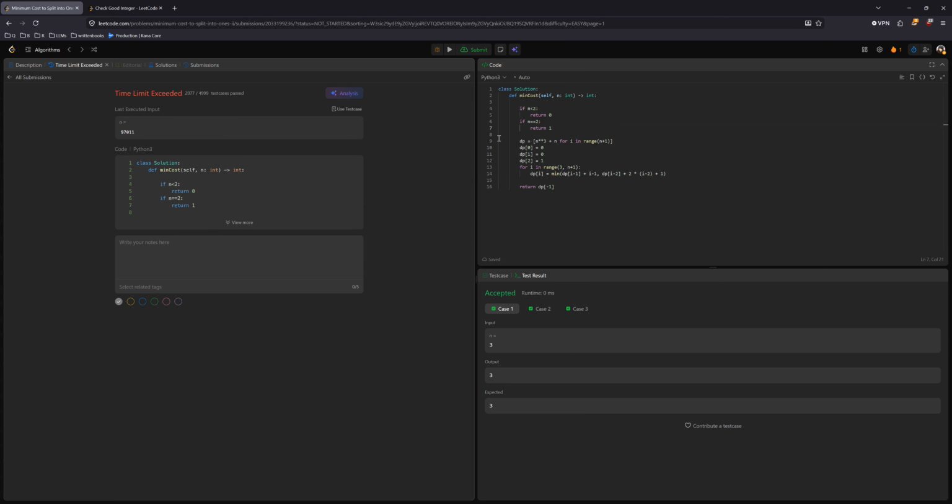Oh God, that isn't even that big. What is going on? This is order n. What do you mean time limit exceeded? It can't run order n for 97,000?